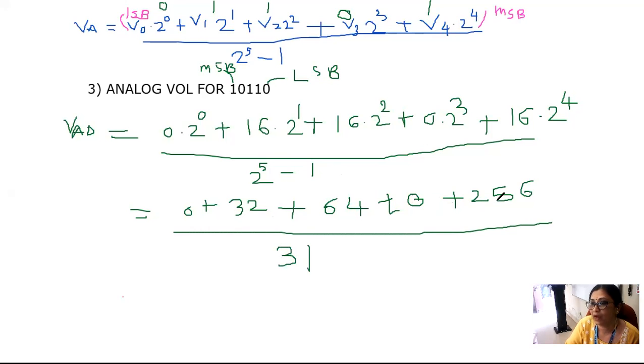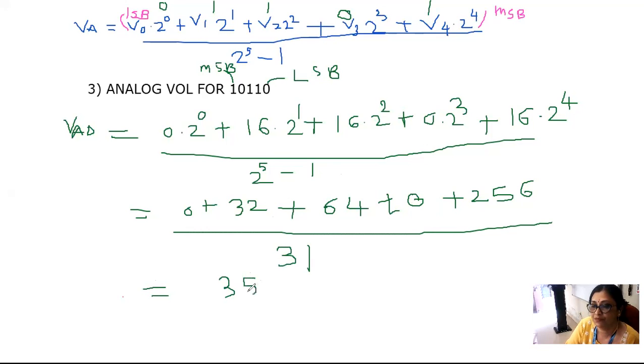Add all the numbers in the numerator. So what are you going to get? 256 plus 64 plus 32, that is 352.